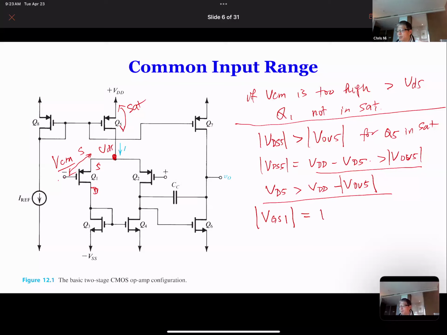It's going to be VD5 minus VCM. So we can say VCM is equal to VD5 minus VGS1.